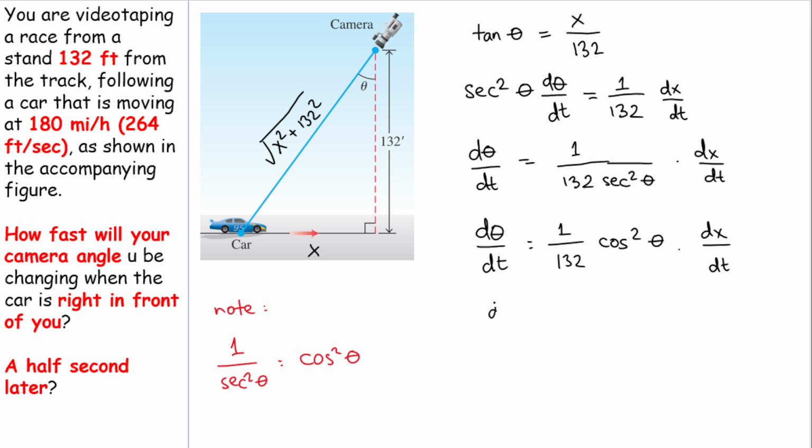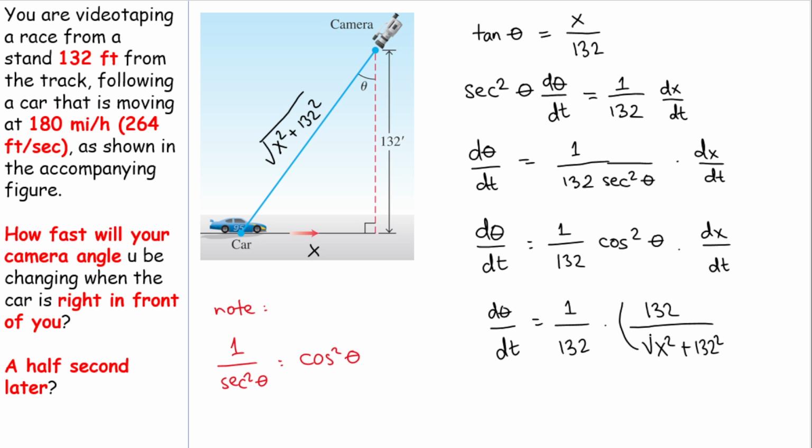Okay, so let's rewrite that first. I'll have d theta over dt. That will be 1 over 132, and then multiplied by cosine squared of theta. Remember that cosine is the adjacent, so I'll have 132, and then divided by the square root of x squared plus 132 squared.